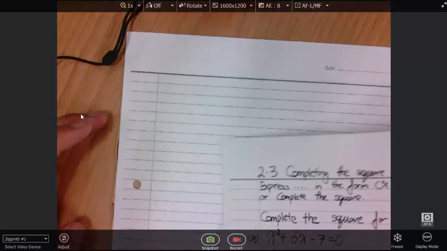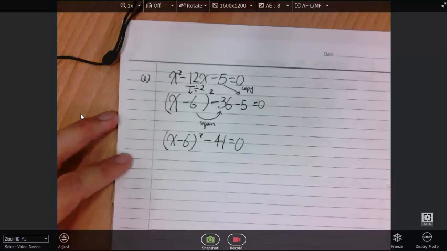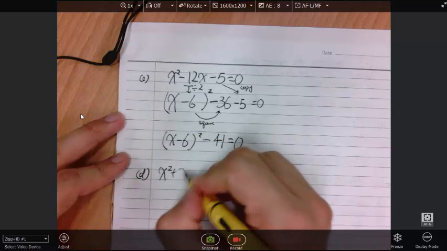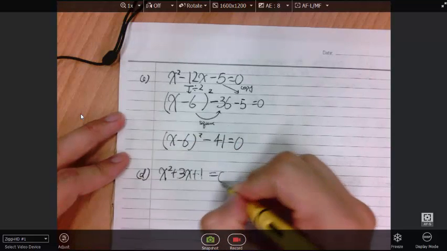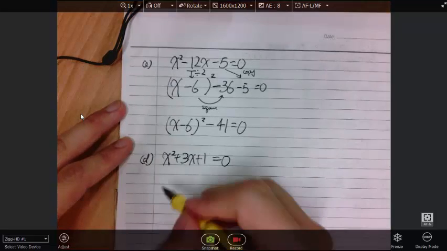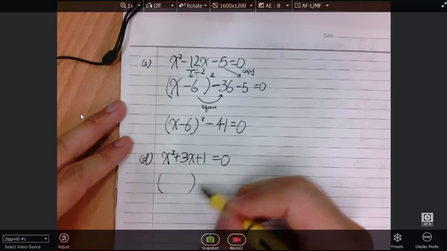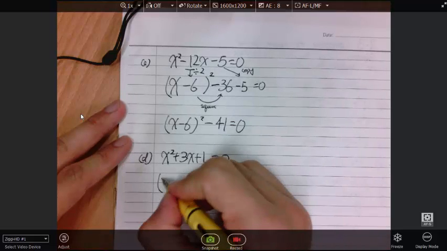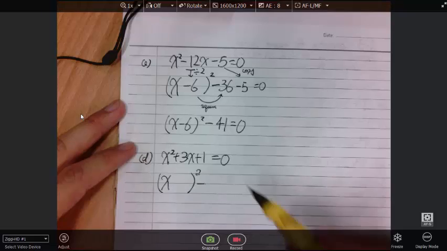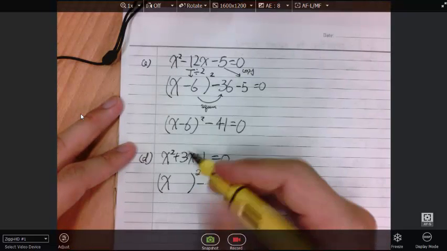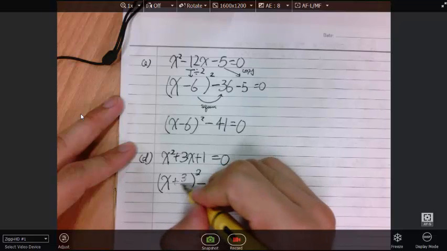Now I do part D, x squared plus 3x plus 1 equals to 0. We now attempt to complete the square. I'm going to do away with all the arrows already because it's not working. So first I do the x square minus. First thing I do is divide by 2. I take 3, divide by 2 is plus 3 over 2.